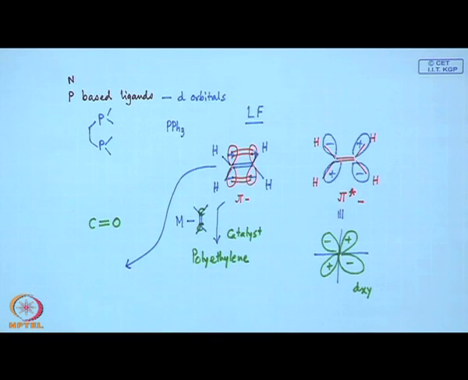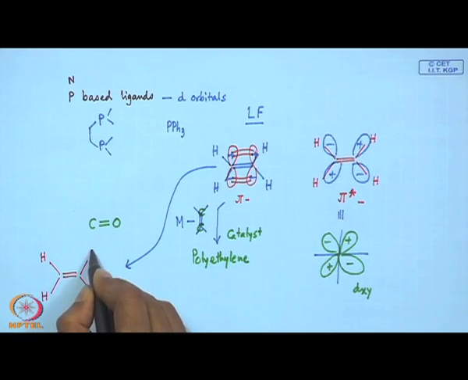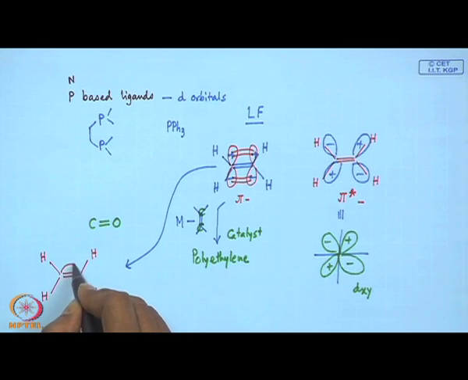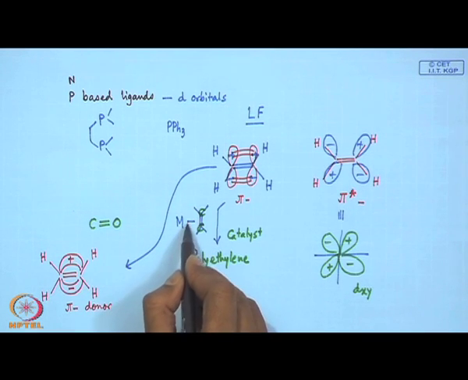For this particular figure, if we have the ethylene molecule, after overlap we have more or less a banana shaped electron density of this type, and this electron density is of pi type. And if our ligand is a pi donor ligand, that means ethylene can now function as a pi donor ligand.